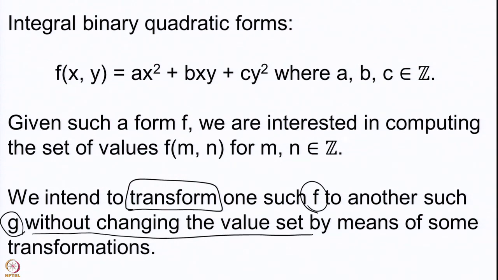The problem in determining the value set is as follows. You may have a form, but the form may have very big integers a, b, c as coefficients, and therefore whenever you want to compute the values directly, or obtain some behavior of the value set, it may be very difficult.